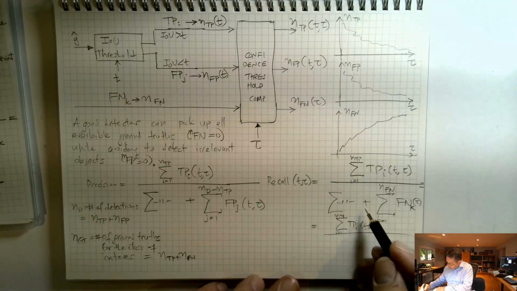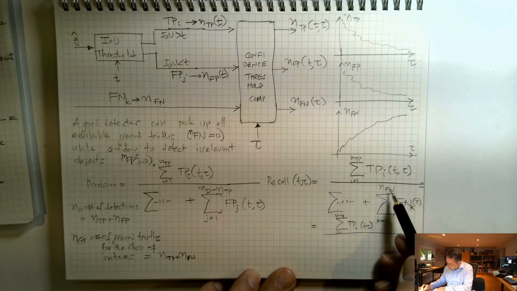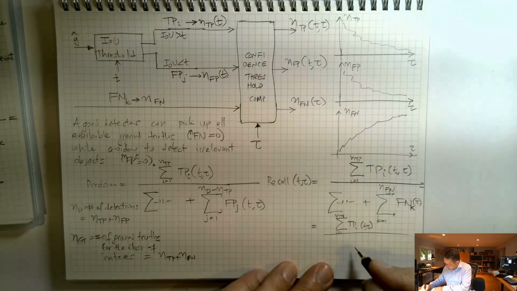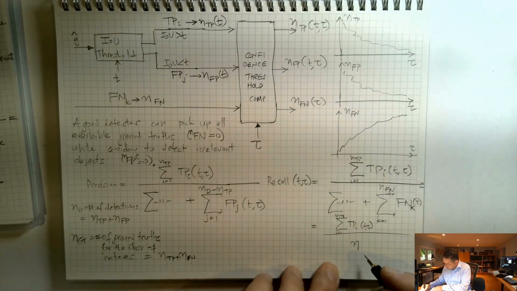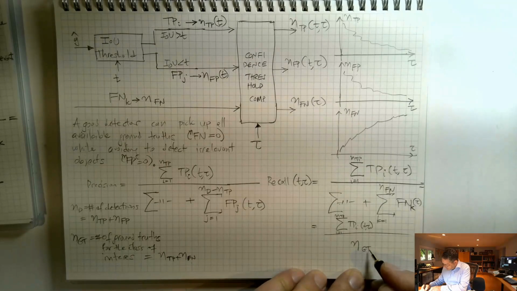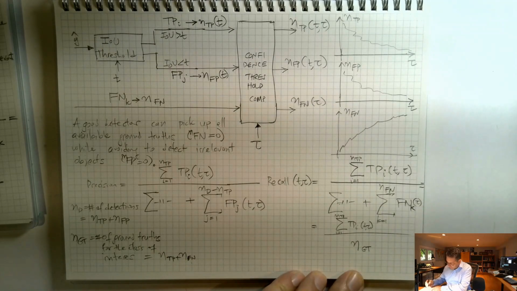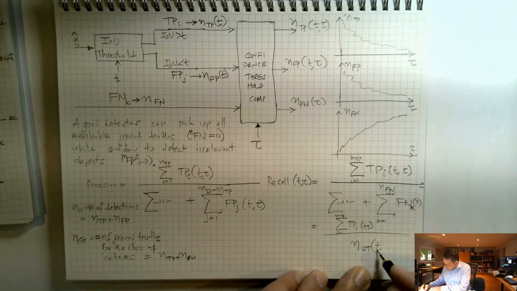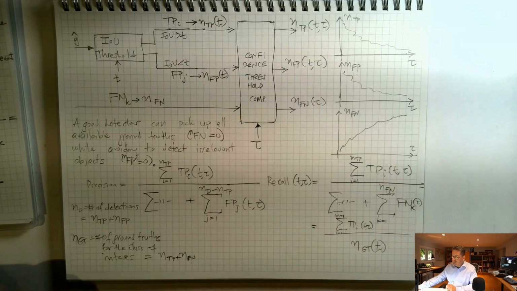So I can rewrite this, since I have true positives and false negatives over here, as the N_GT, the number of ground truths, and the number of ground truths is going to be a function of tau, and I'll explain that now.